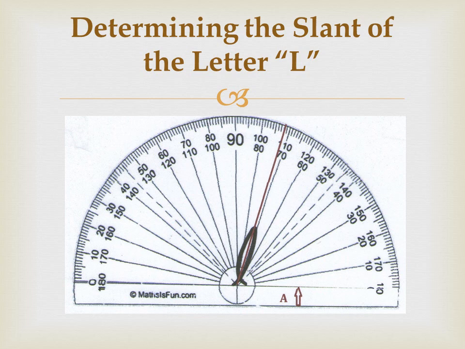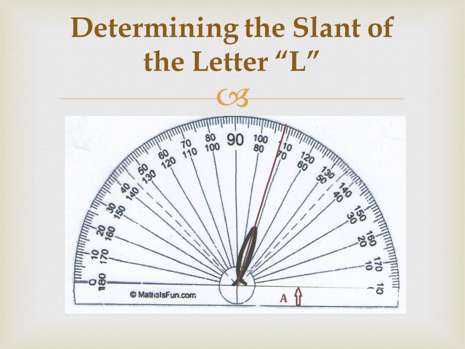Looking at the picture, you can see that for the letter you want to determine the angle of, in this case the letter L, you place the protractor with the bottom line indicated with the letter A and the arrow, also known as the 0 or 180 line, directly below that letter.